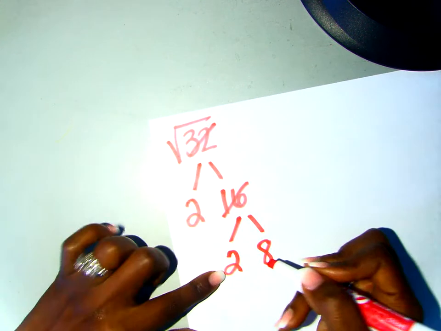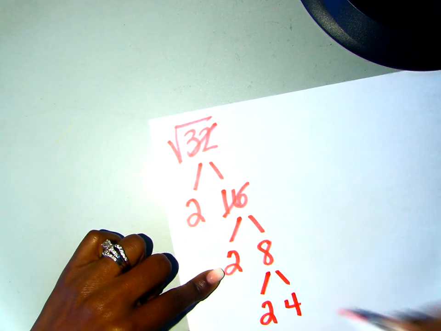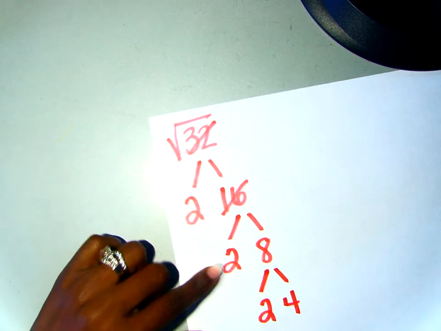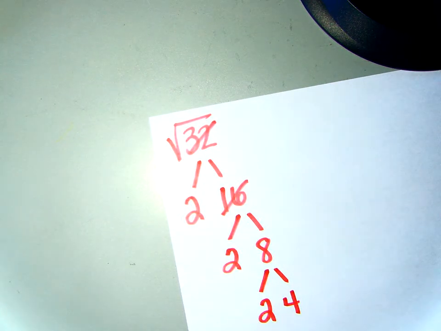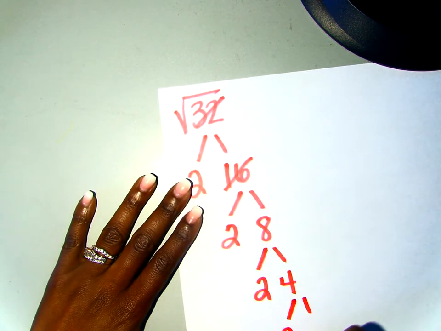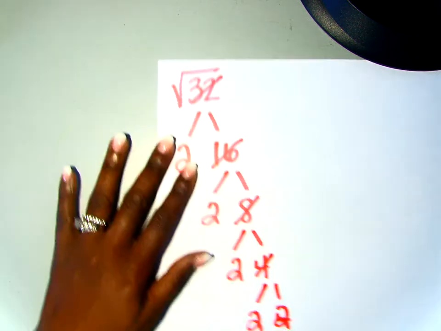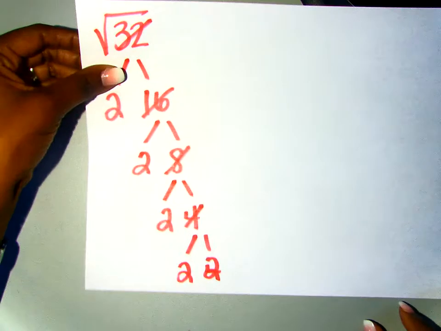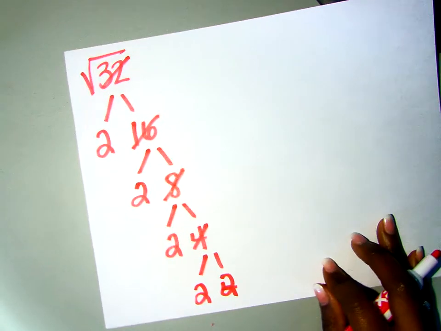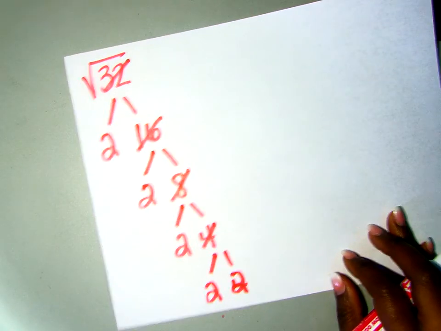Alright, 2, can't break it down anymore, so I have 2 and 4. Okay, so I can't break 2 down, but I can break 4. So 2 times 2. I'm done factoring those out, so now I'm left with all prime numbers. Now step 1 has been completed because I have factored the radicand, which was 32.